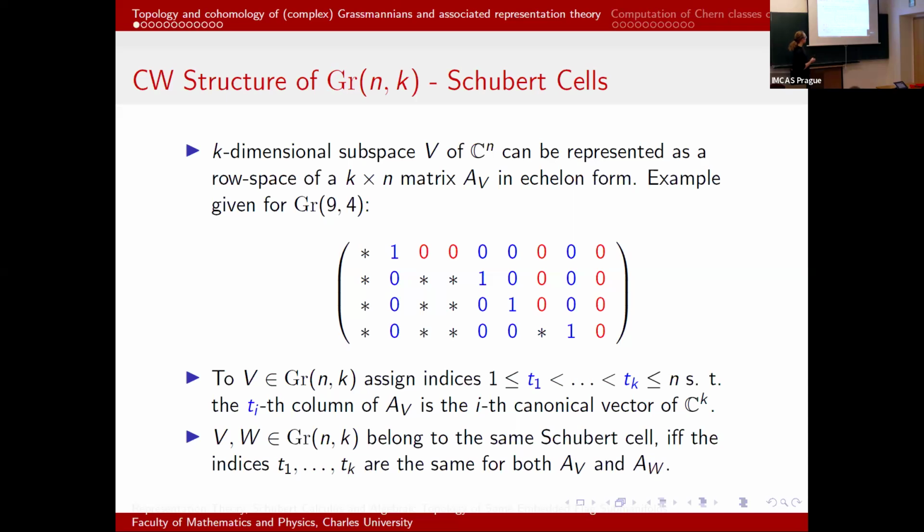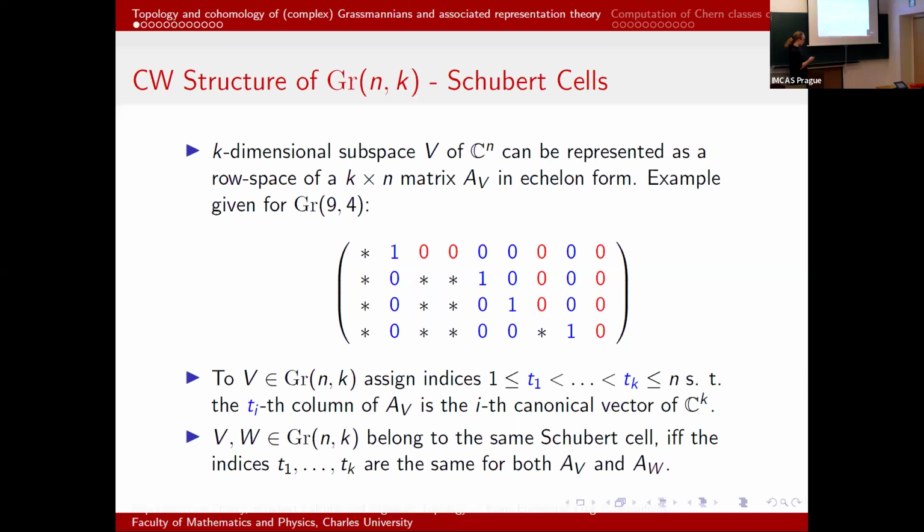To a space V, we can assign a strictly increasing sequence of indices t1 up to tk, and these indices denote which columns of the matrix representing our space V are the canonical basis vectors of C^k.